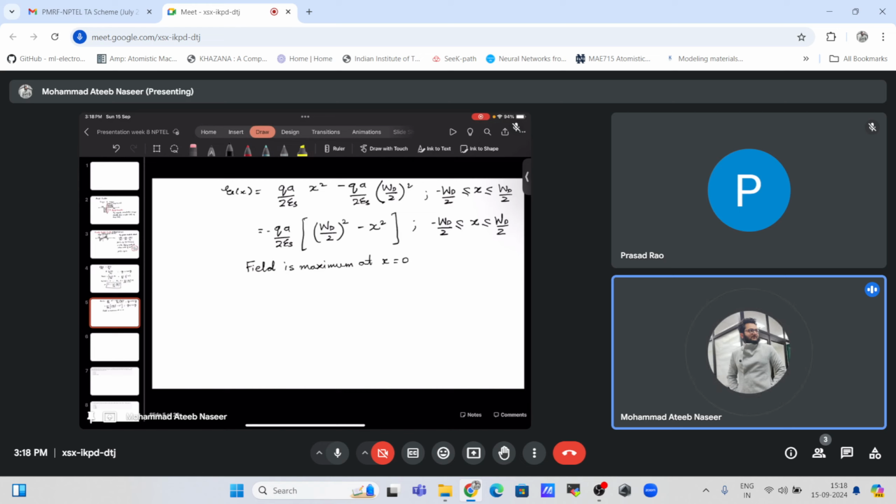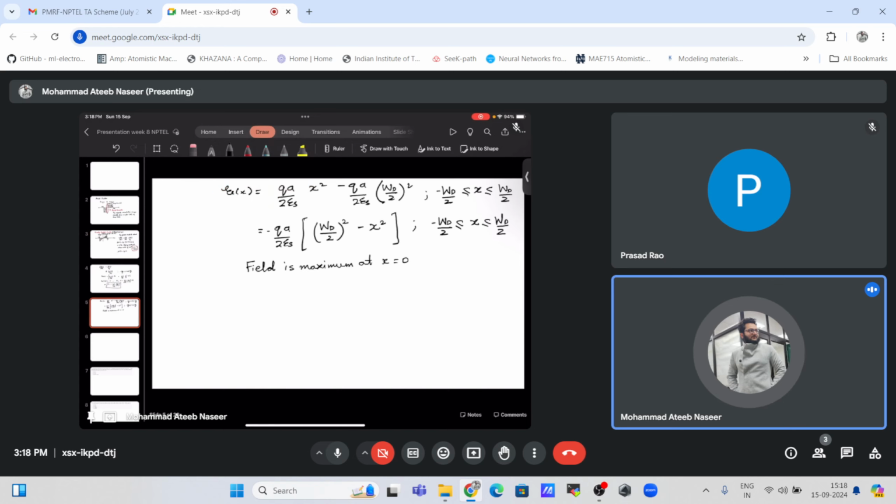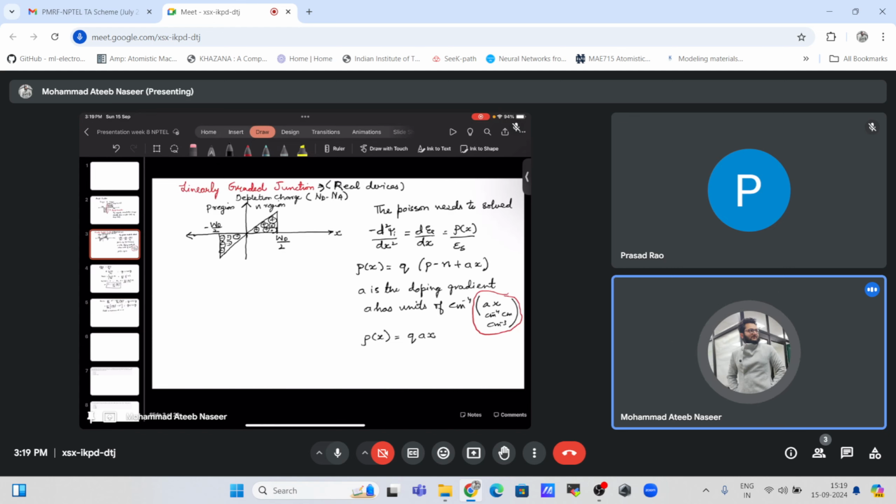So now we have got the electric field. From the electric field, we know this is a quadratic function of x. So if I draw the electric field with respect to x, it will have 0 value at plus and minus Wd by 2. So let me draw this over here.